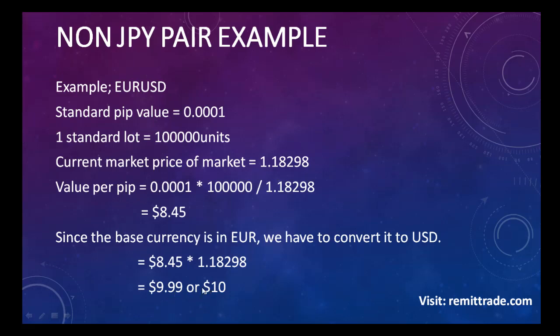So that is why people always say your value per pip for non-JPY is $10. That is how you get your $10. Some traders, or most newbies, don't know how they come about getting $10 as value per pip. So this is how you get it with this calculation. It is very simple. The only slight difference is when you are doing your calculation for non-JPY pairs, for example, in this case, Euro USD.